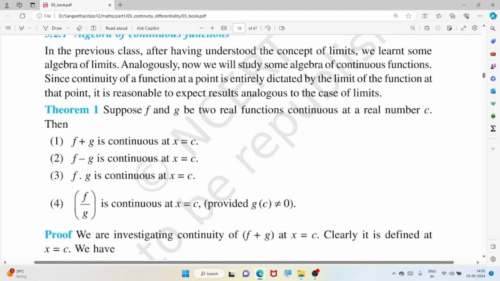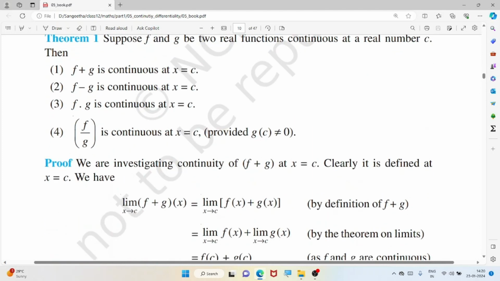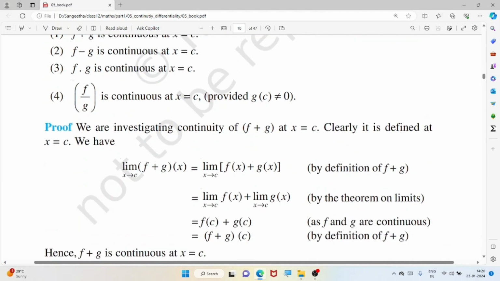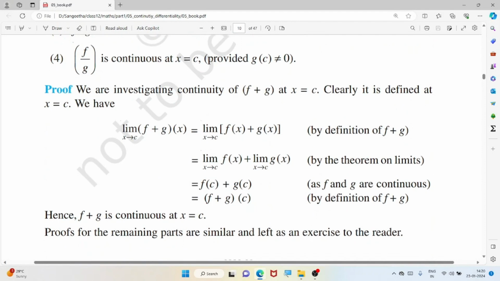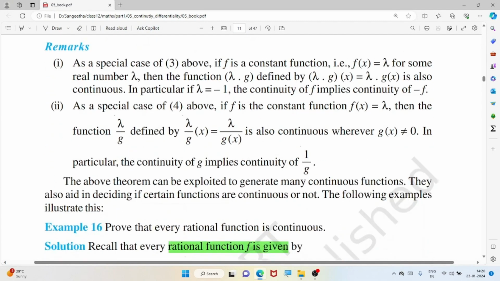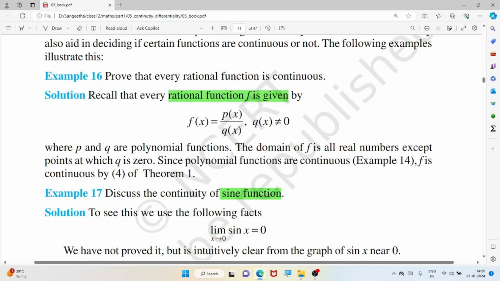Algebra of continuous functions, those theorems you can go through. This is the definition of the rational functions, p by q, p of x by q of x, where q of x is not equal to 0.